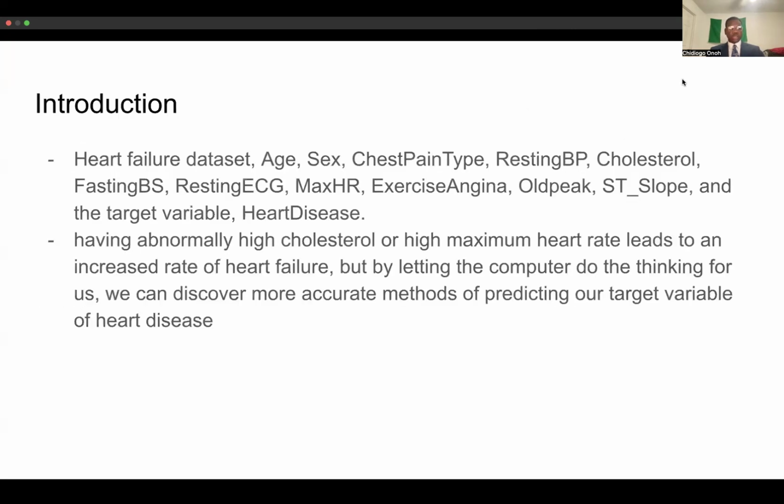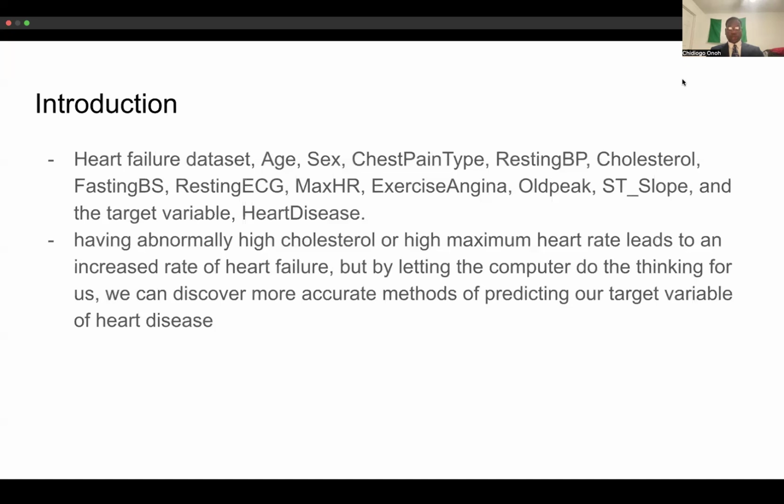As an introduction, we will be using a heart failure data set. We have 12 columns, which are age, sex, chest pain type, resting blood pressure, cholesterol, fasting blood sugar, resting ECG, max heart rate, exercise angina, old peak, ST slope, and the target variable, heart disease.